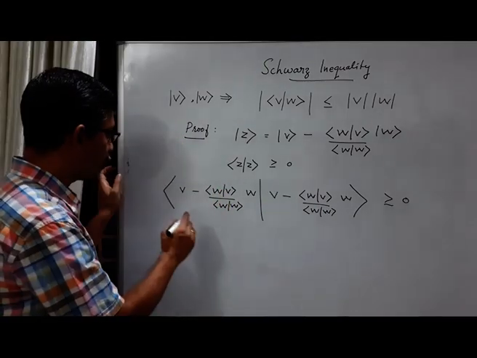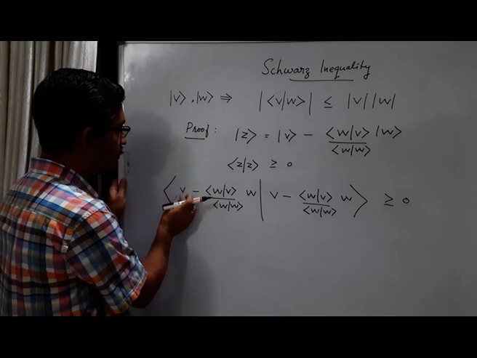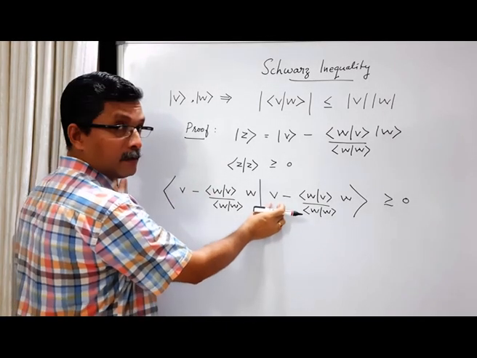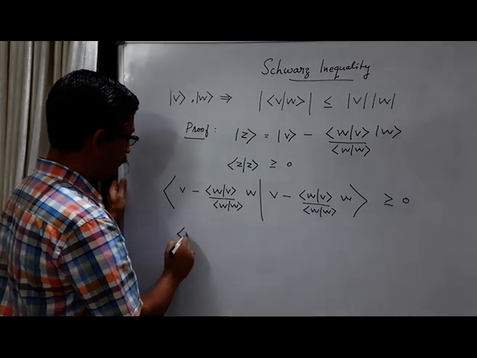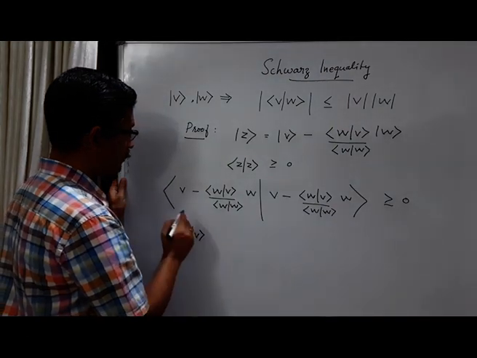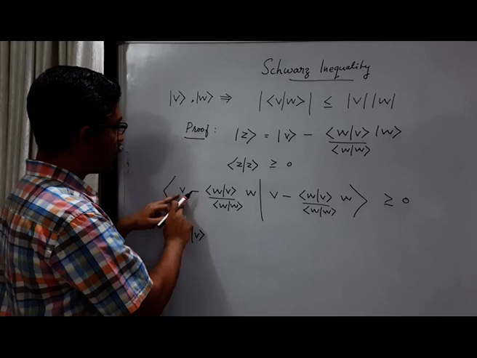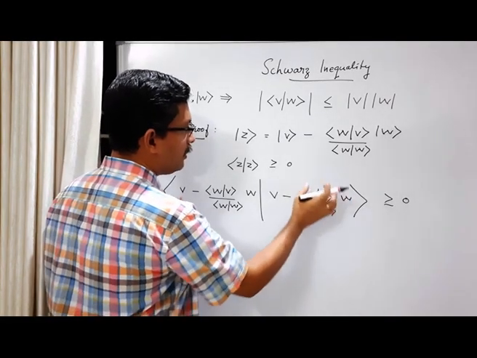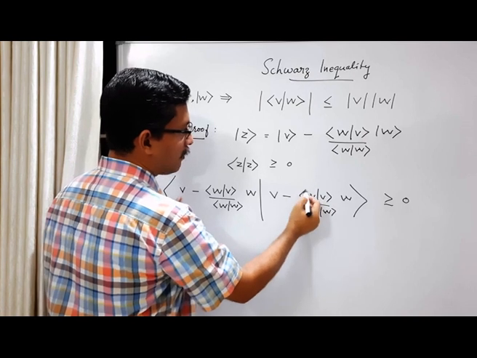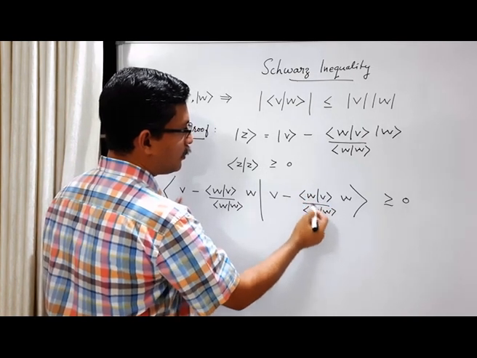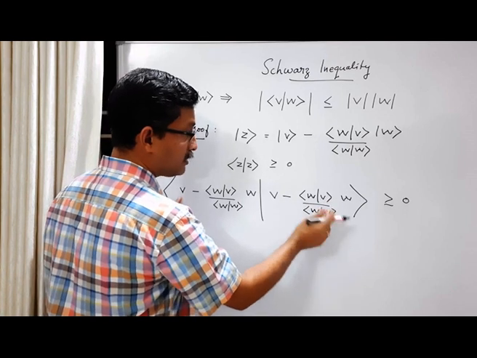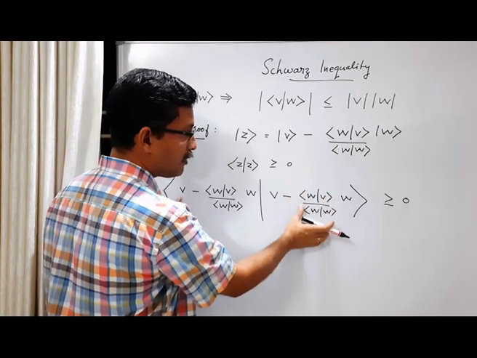So let us expand. First let us take the inner product of bra vector v with ket vector v. So what you get is v with itself. Then the inner product between bra vector v and this other ket vector. Understand that this is a scalar: bra w ket v by bra w ket w. This is the inner product between w and v, and this is the inner product of w with itself. This is a scalar, numerator and denominator.